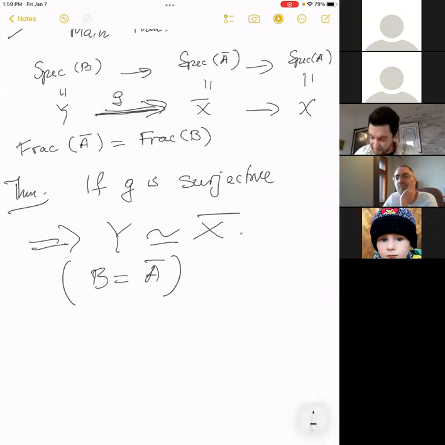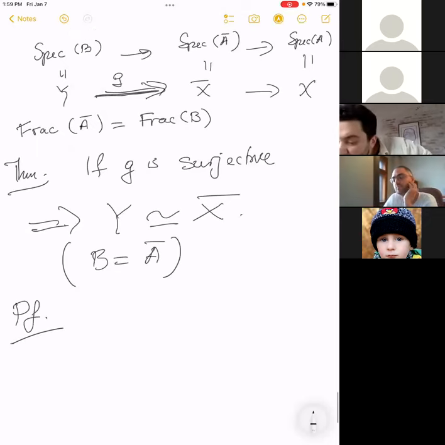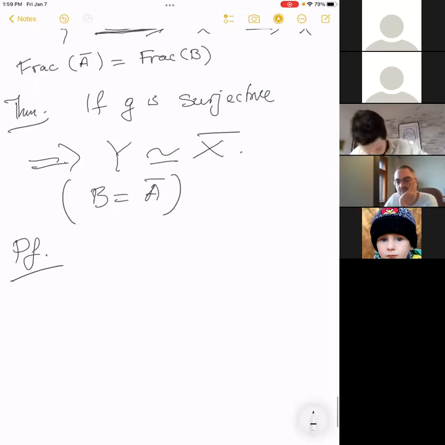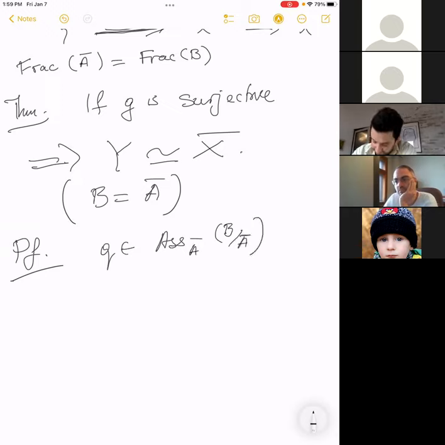How do we prove this? So here is a sketch. And with this, I'm going to conclude. So in the remaining 3 minutes, perhaps I'll be able to give the proof. So if Q is an associated prime, start with an associated prime here. Well, we know that A bar localized at Q is a DVR.